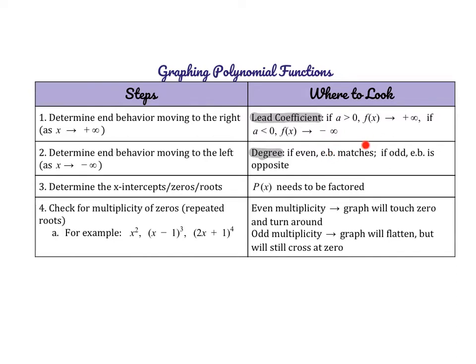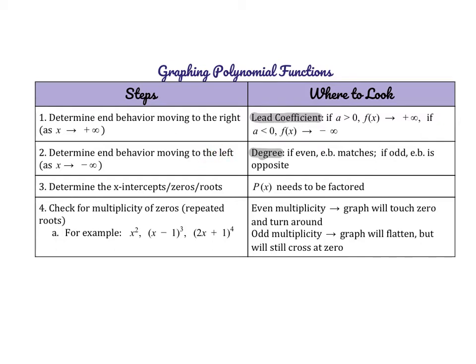So if the right side goes up, the left side goes up. If the right side goes down, the left side goes down. So it matches whatever happened on the other side. But if your degree is odd, like a degree of 1 or 3 or 5, etc., your end behavior is opposite. So you simply do the opposite of whatever you did going to the right. So then at this point you'll know what's happening far to the right and far to the left.